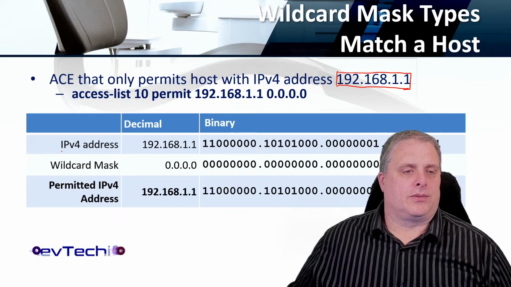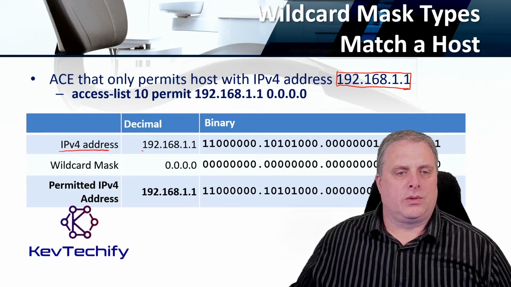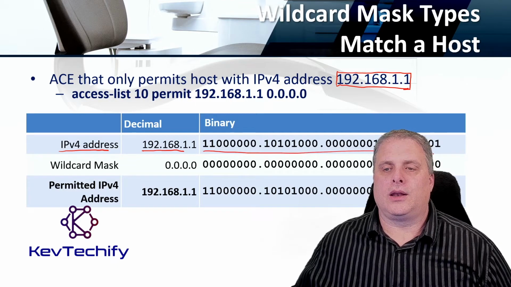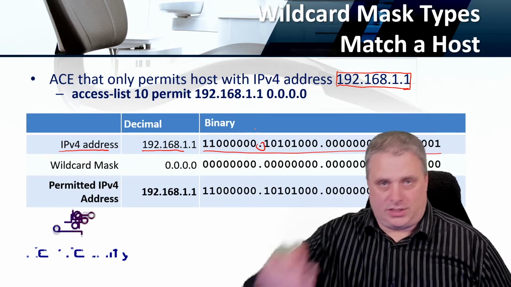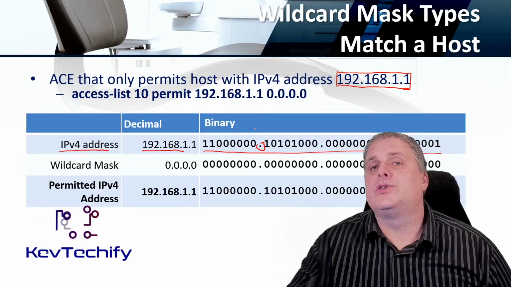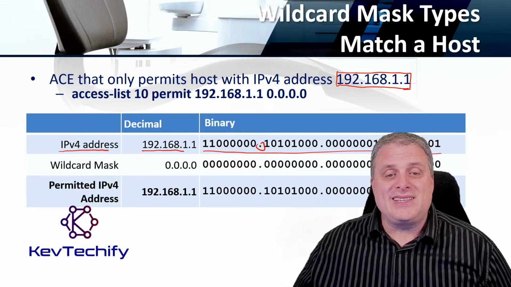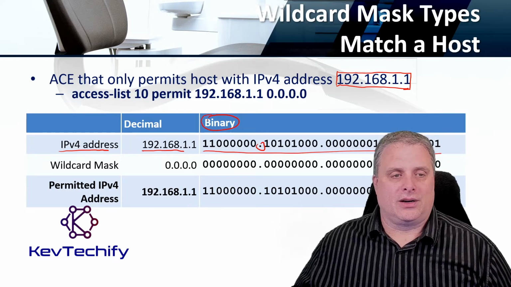Down here in this table, we took the IP address here. Here's dotted decimal notation. We wrote it out in the 32 bits, 32 ones and zeros. Yes, we did put the decimal points in there to help us follow the lines a little bit better, but the computers don't even use those decimal points. They just see a string of 32 ones and zeros. So this is the IP address. They see the binary address right here.